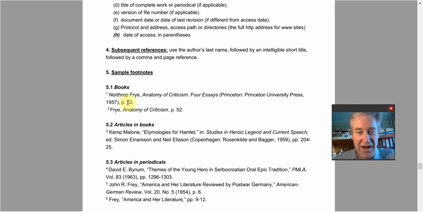P, and then a dot, and then 52 is the page number, and then another dot or a period there. So that's the first time that you do a footnote from Northrop Frye's Anatomy of Criticism.